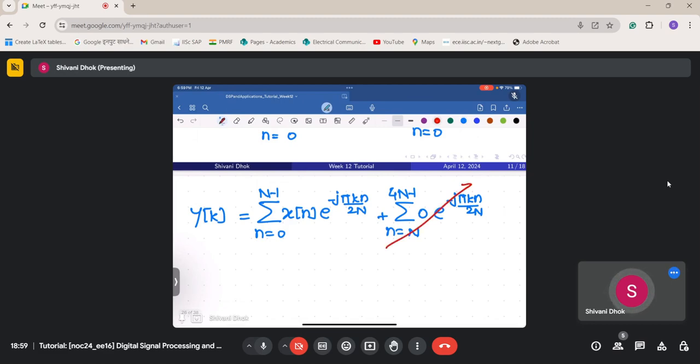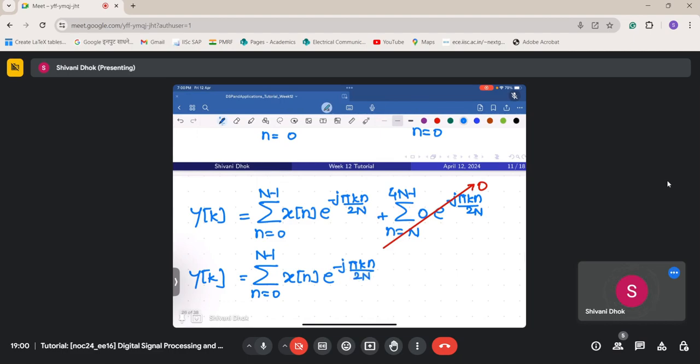This entire second part goes to 0. So Y[k] is the summation n equal to 0 to N minus 1 of x[n] into e power minus j pi k n by 2N.